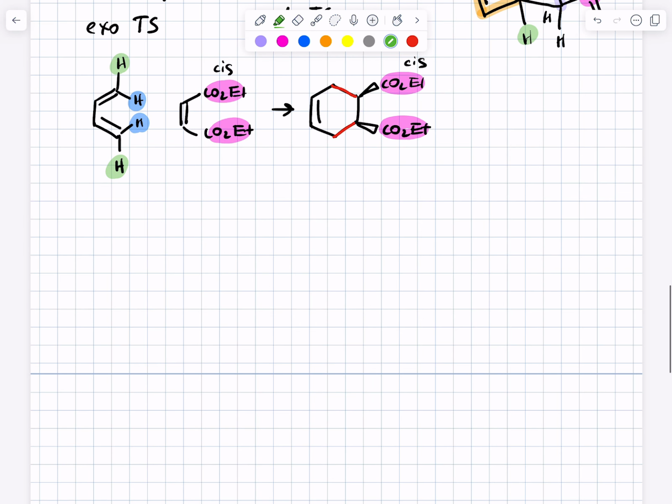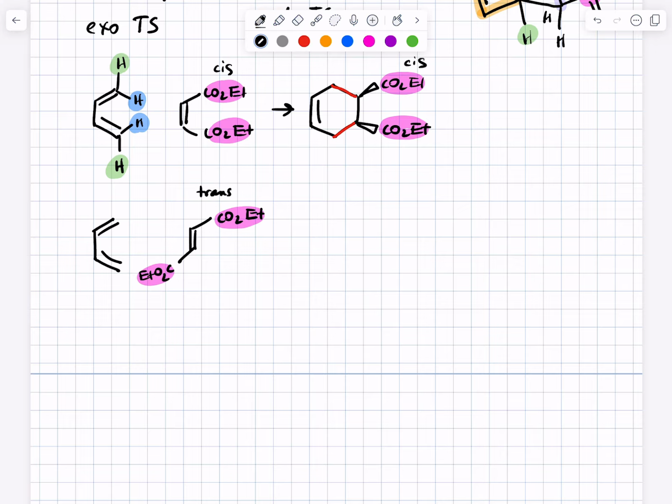Yep. Now, another issue, stereospecificity. Let's do the same thing. We'll use the same diene, but in this case, let's use a different dienophile. Let's have the olefin be trans.